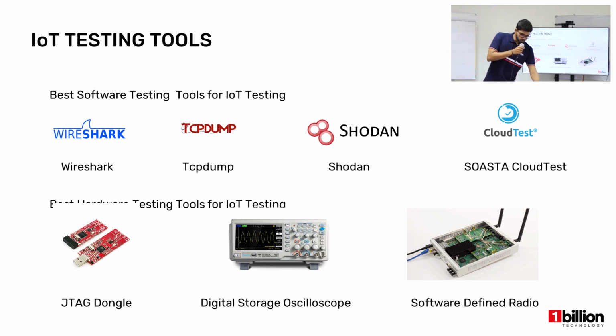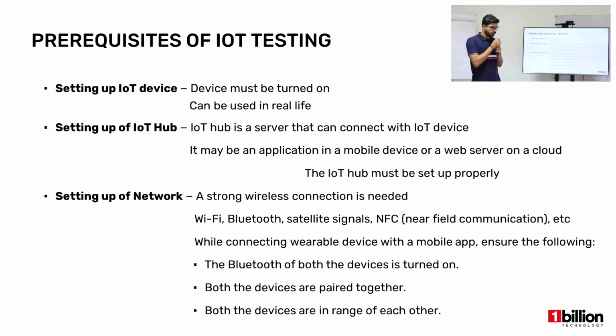Yes, Sai. So now let's talk about the prerequisites of IoT testing. As in every testing process, there are some things we need to set up beforehand. So in IoT also there are some prerequisites. First of all, we need to set up the devices.